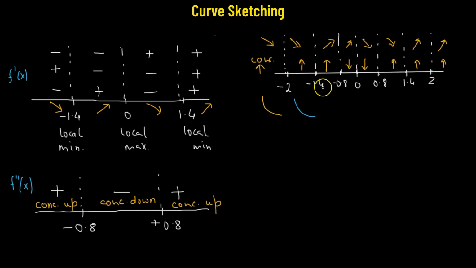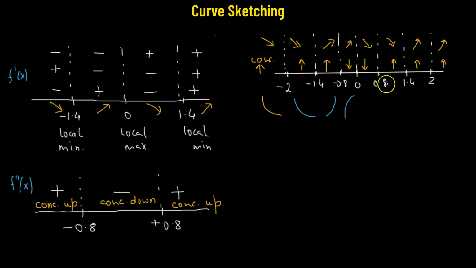In the region negative 1.4 to negative 0.8, we have concave upward, but now it is increasing. For negative 0.8 to 0, we have concave down, but it is increasing.